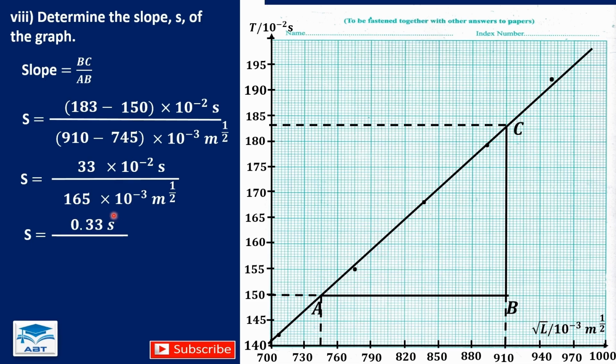The unit is seconds. 165 times 10 exponent negative 3 is 0.165, and we add the unit. And now 0.33 divided by 0.165 is 2. We have seconds at the numerator and meters exponent half at the denominator. So the reciprocal of meters exponent half will be meters exponent negative half. So this is the slope.